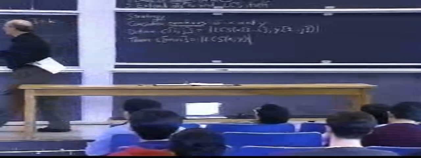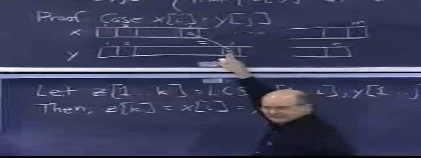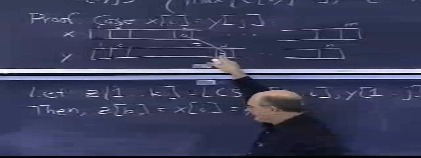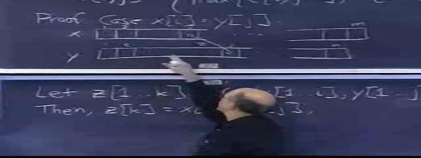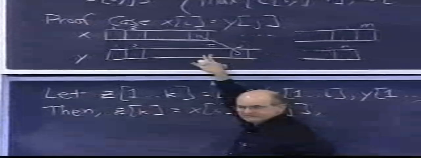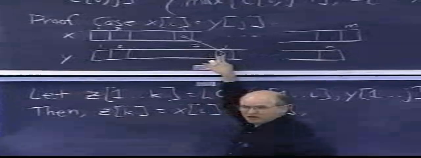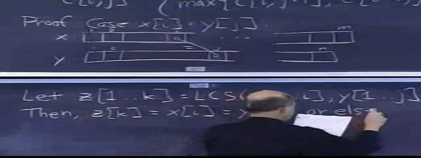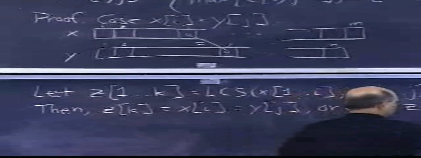So if it didn't have this character at the end, okay, then whatever longest common subsequence you had would stop before there in both of these. And then I could just add this to the end and it would be longer. Well, then it wouldn't be longest. Okay? So, okay, any questions about that?